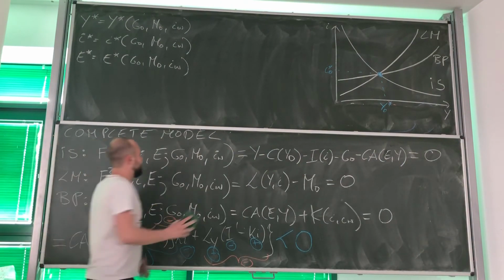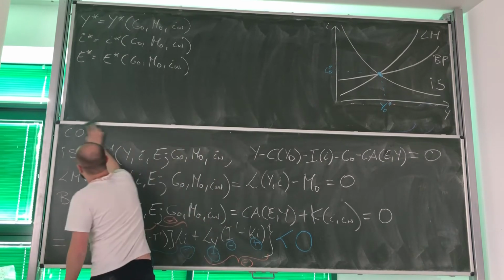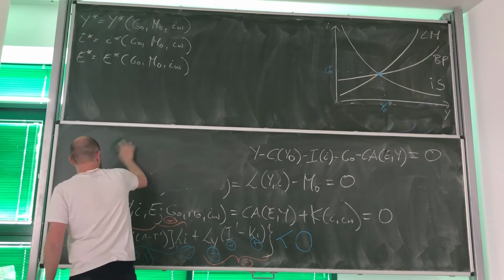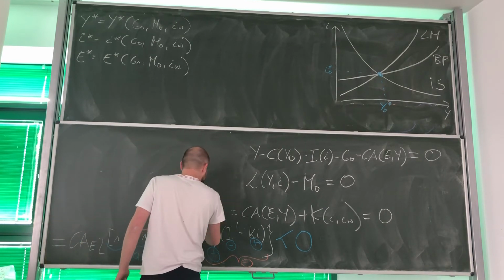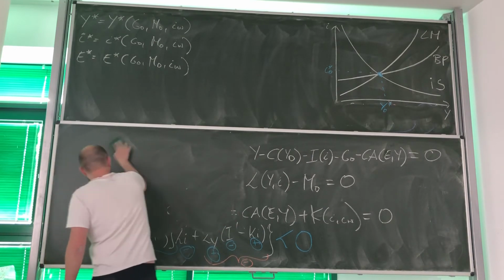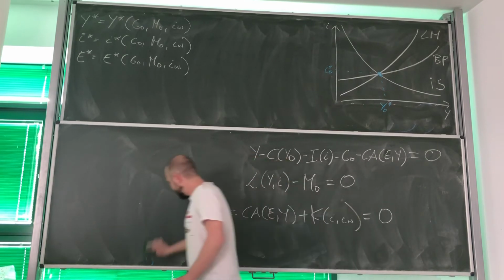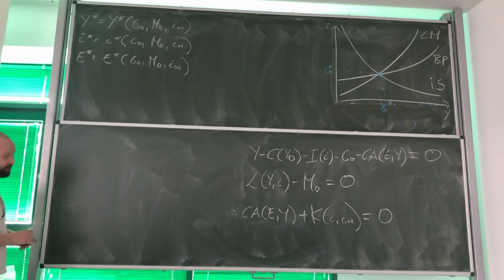Because knowing that those are implicit functions and they are identities at the point of evaluation, we can rewrite the system that we had over here.